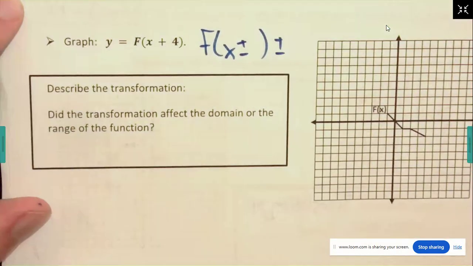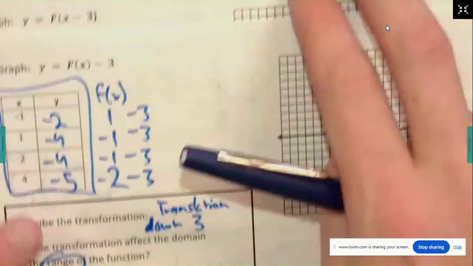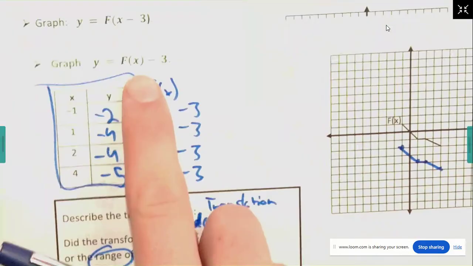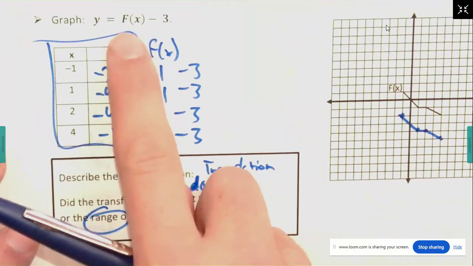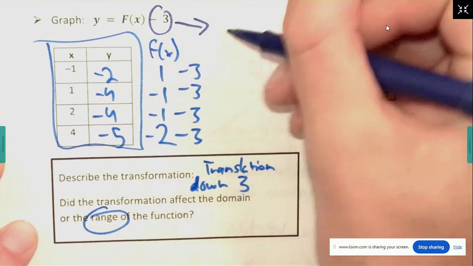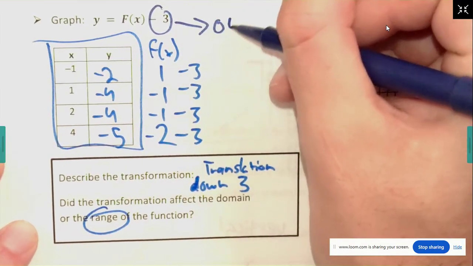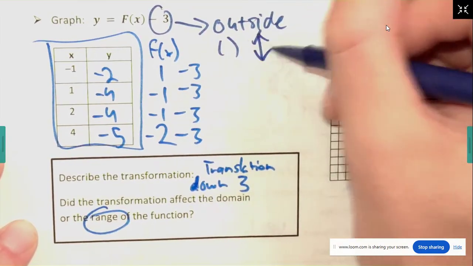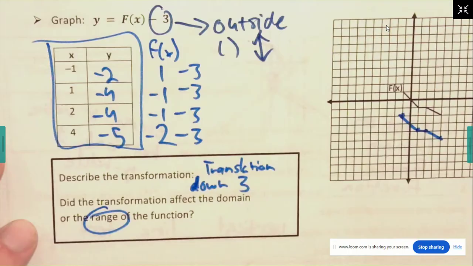So if we come back up here, that's the next page. I had f of x minus 3. So that minus 3 shows up on the outside of the parentheses. And if I have addition or subtraction on the outside, I'm moving up, down.